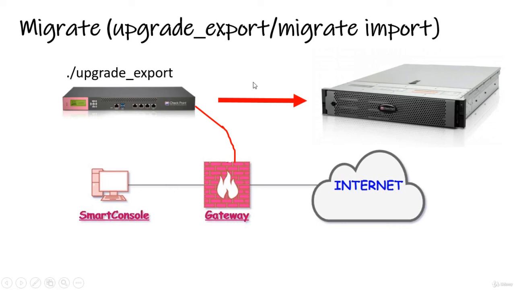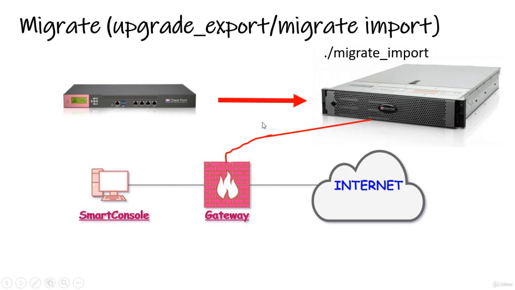How do you move that? You type the command upgrade export on your old appliance. Then you migrate policies to the new appliance by typing migrate import. There is a whole procedure, and a whole SK on the Checkpoint website. The process is going to take way longer than that. This is just an overview that Checkpoint has that feature.